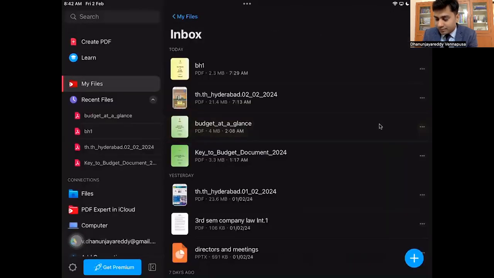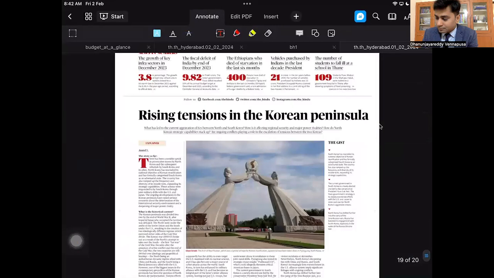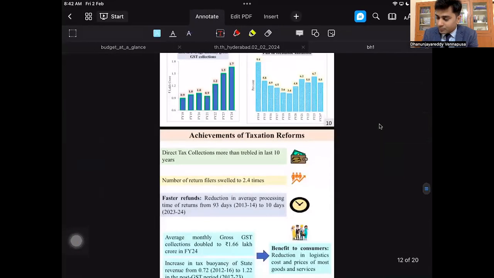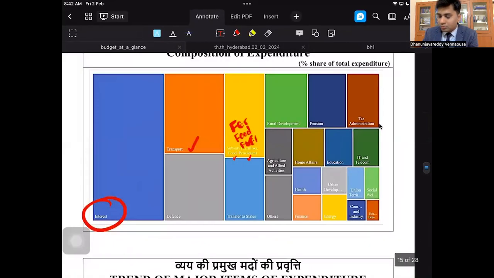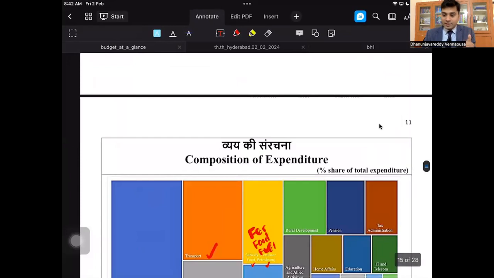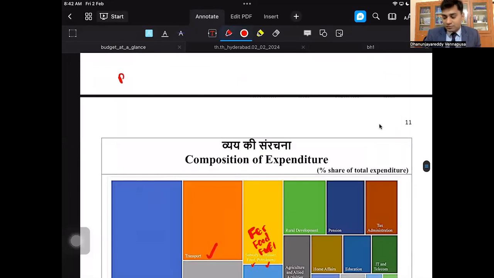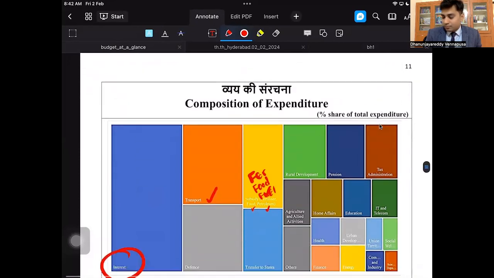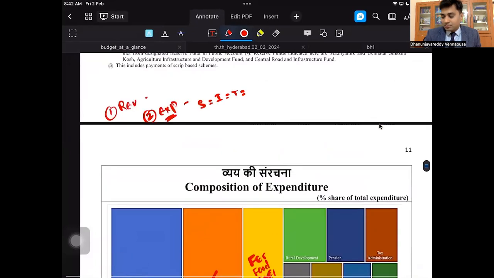That is also mentioned here. So remember what the major revenue sources for government are, and what the expenditures for government are. That chronology I already said: state and interest payments, followed by transport, followed by defense. Like this you have these things.